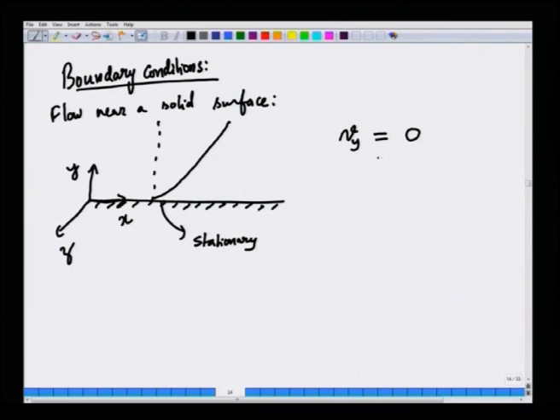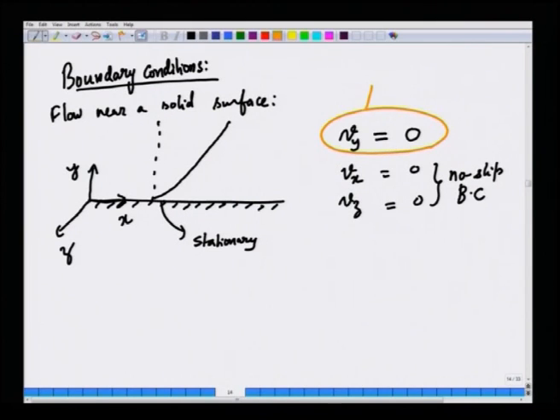But it also turns out that whenever a fluid flows past a solid surface, the tangential components of the velocity V x and V z are also 0. This is called the no slip boundary condition. Boundary conditions are often abbreviated with the letters BC. Whereas the normal condition is more fundamental, in the sense that it merely tells you that if the wall is impermeable to the fluid, then you cannot have flow into the wall. So, this is called the no permeation boundary condition.